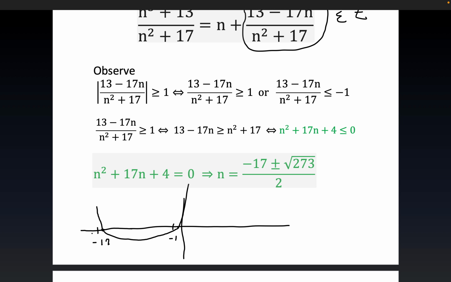Okay, and so you see we're looking for all the integers between minus 17 and this number. Well, it's between these two points right here, folks. And notice that set of numbers would be minus 16, minus 15.